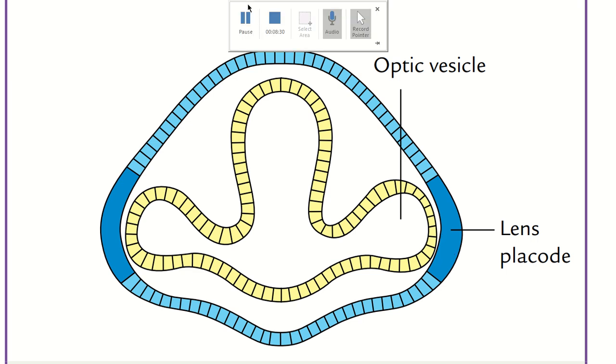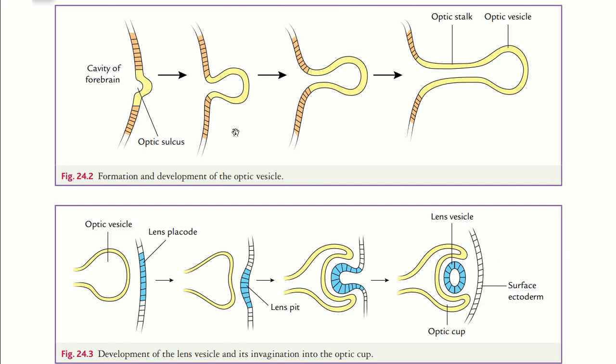Let's take a look at the diagram. This is showing the growth of the lens placode. So this is the lens placode. It is invaginating, forming a lens pit. And then the pit will lose its attachment from the surface ectoderm and form your lens vesicle. Take a look that the lens vesicle is going to be surrounded by the optic cup.